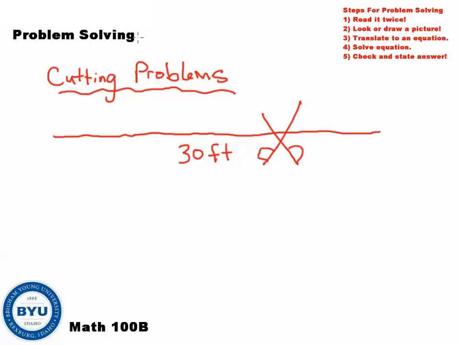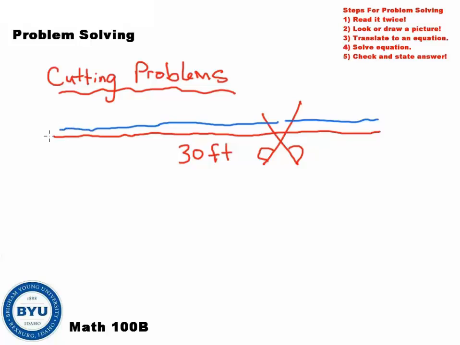And when we cut that, we want one side to be 8 feet longer than the other. So we have one side and then another side that's 8 feet longer than the other.